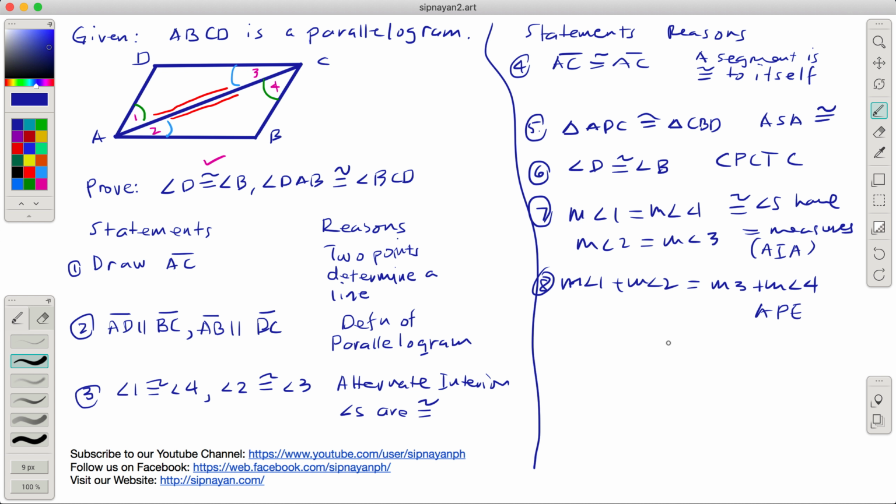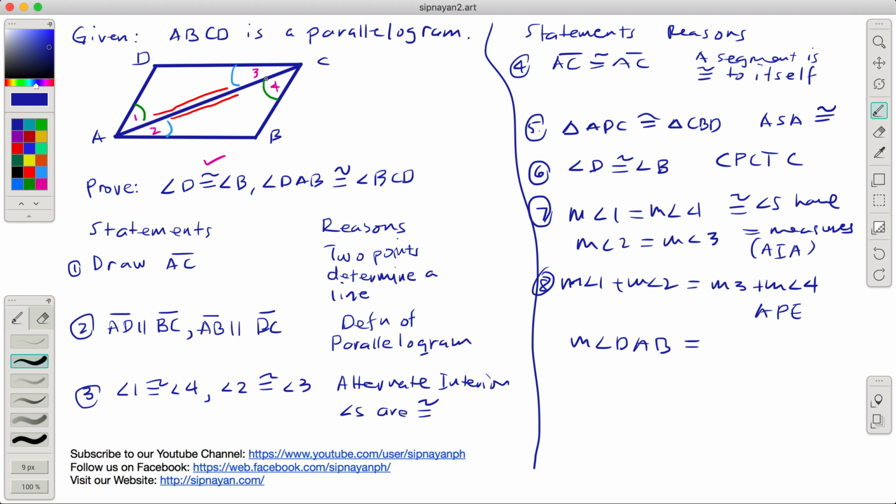Now, but notice that what is measure of angle 1 saka measure of angle 2? Angle 1 plus angle 2. It's actually measure of angle DAB, di ba? By substitution, measure of angle 1 plus measure of angle 2, this is actually measure of angle DAB is equal to measure of angle BCD, di ba?